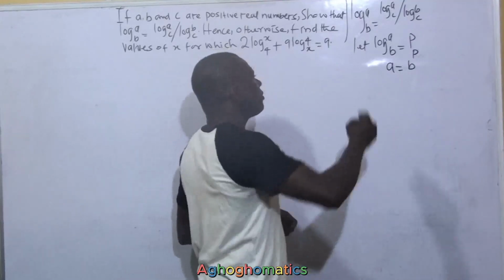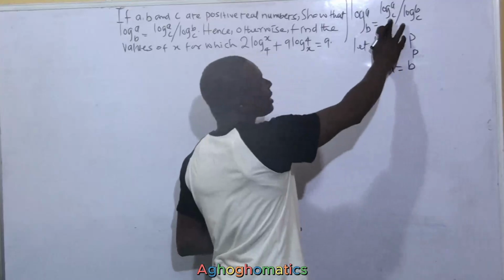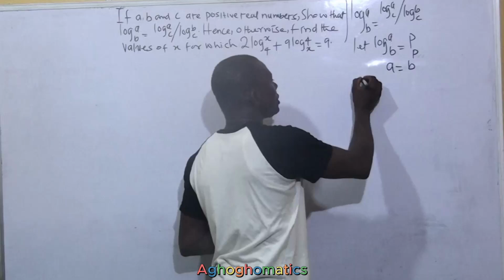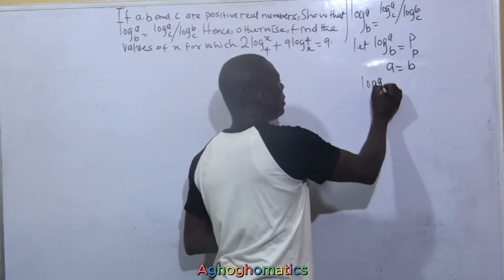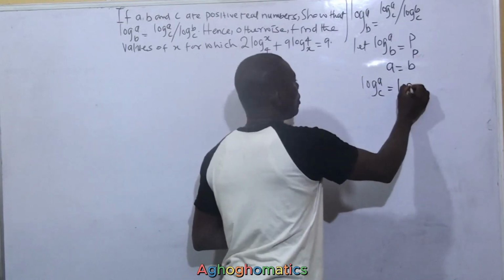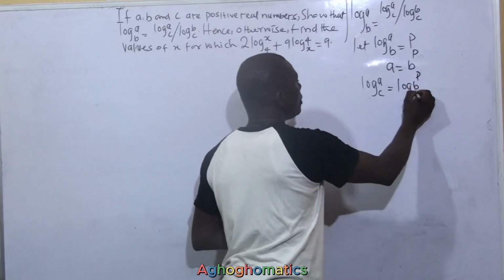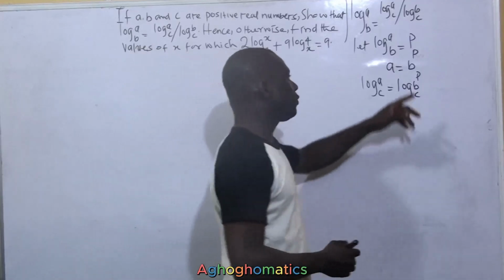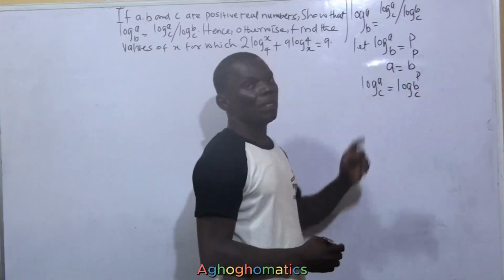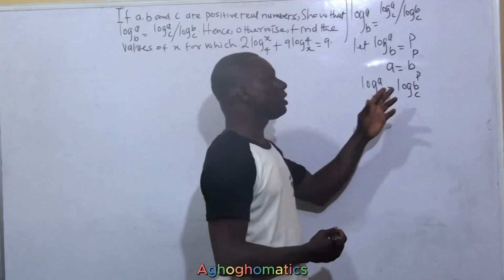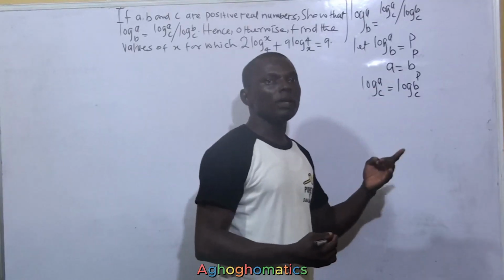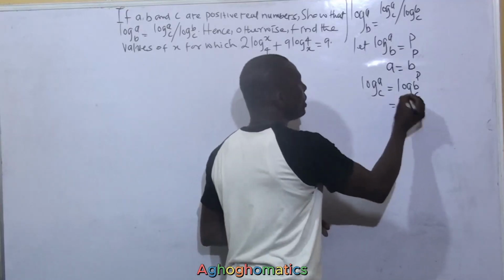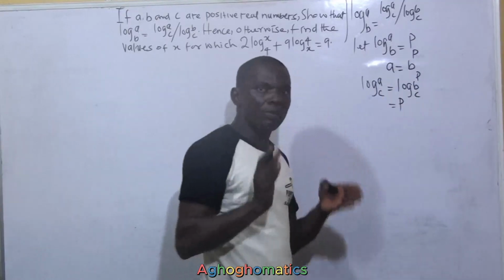Then, because we're asked to change this to base C, we take log of both sides to base C. So we have log A to base C is equal to log B raised to power P, also to base C. From one of the laws of logarithm, once you have an index in the logarithm, you can transfer the power to the front to act as a product.